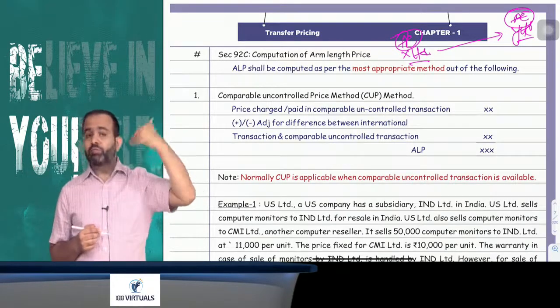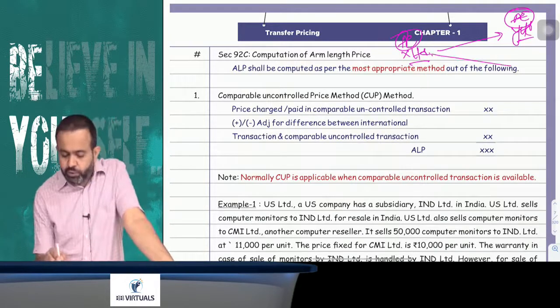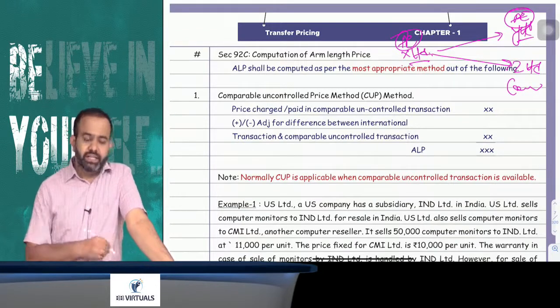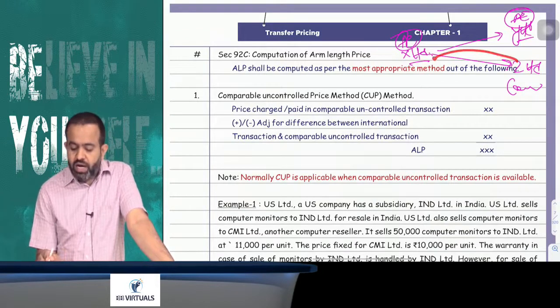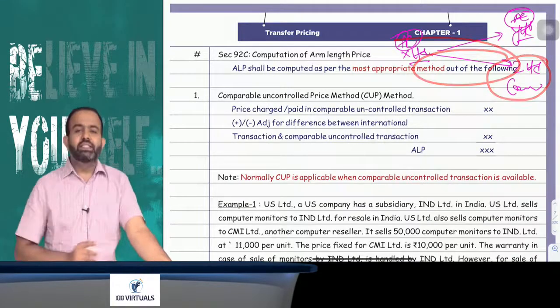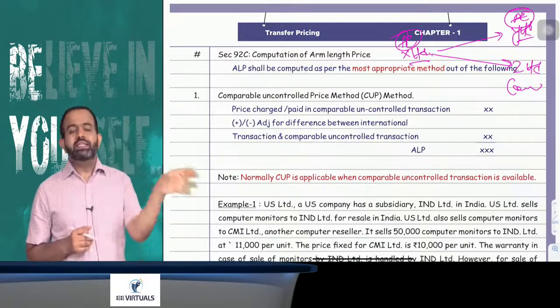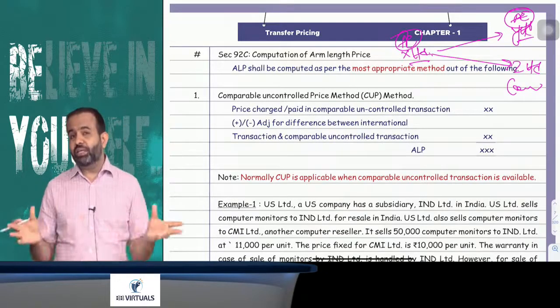So here you have to check the uncontrolled transaction. Suppose X Limited is selling similar goods to another company, Z Limited, and Z Limited is an outsider. Whatever price is charged in this particular transaction is known as the uncontrolled price. So just take that uncontrolled price and calculate your arm length price.